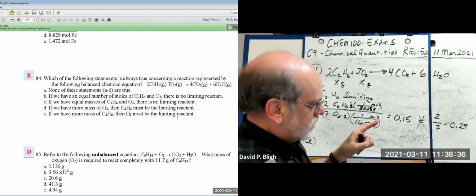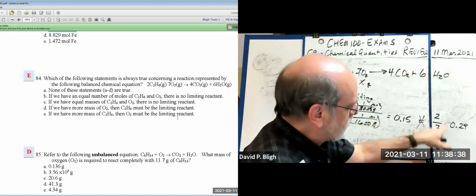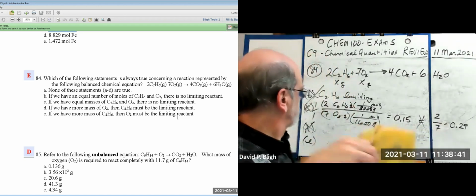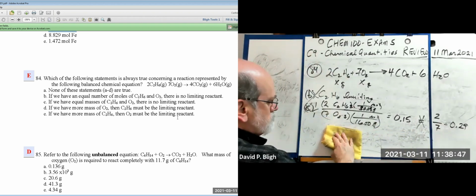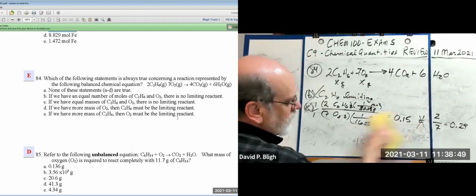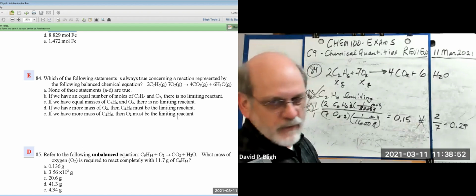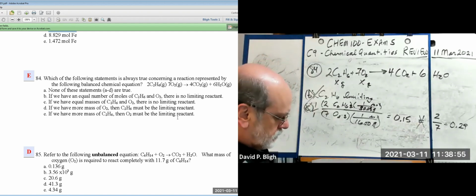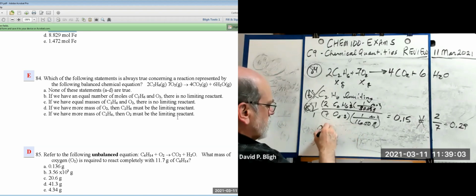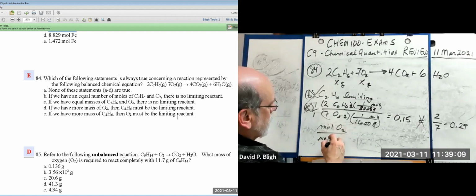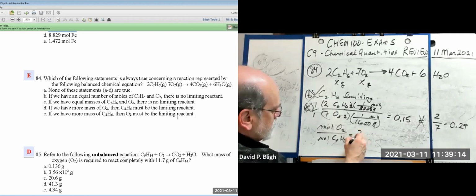The stoichiometric ratio is 7:2. Or if we put oxygen on top, that would make a whole number, 3.4. So the ratio of moles of oxygen to moles of ethane is 3.4 to 1.